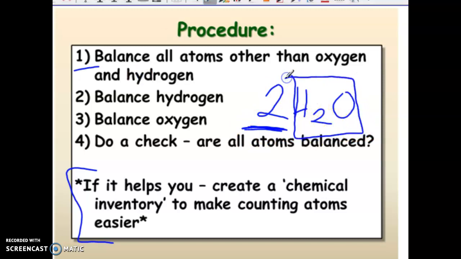Just to remind you, this 2 applies not only to the hydrogen, but also to the oxygen. When you add a coefficient, you're changing every element in that molecule. So this would now be 4 hydrogens and 2 oxygens.